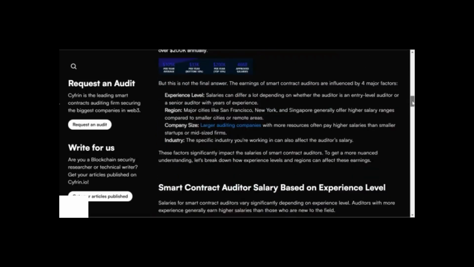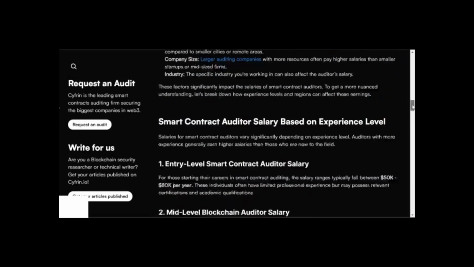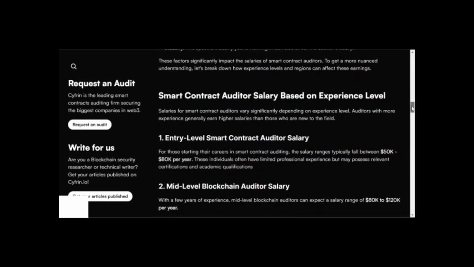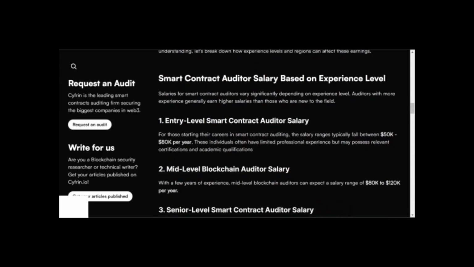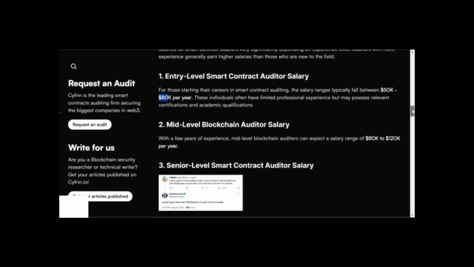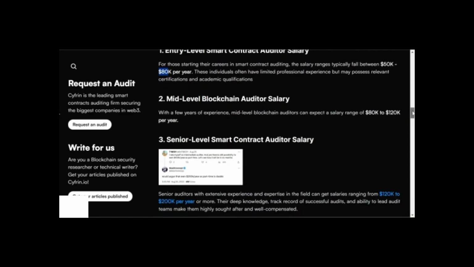You can see it from here. Based on your experience, an entry-level smart contract auditor can make around 50K to 80K US dollars. As a mid-level auditor, you can have from 80K to 120K.